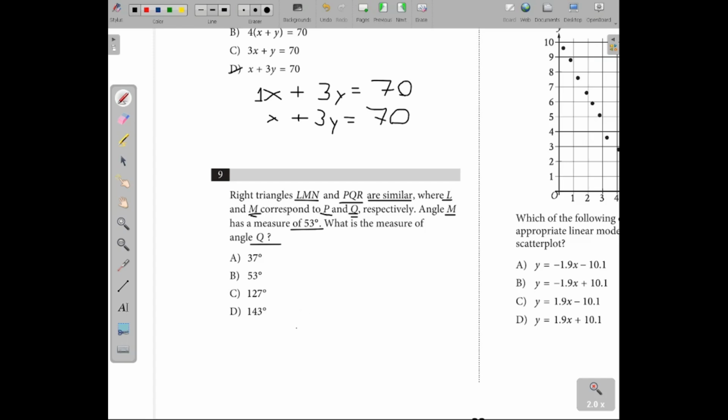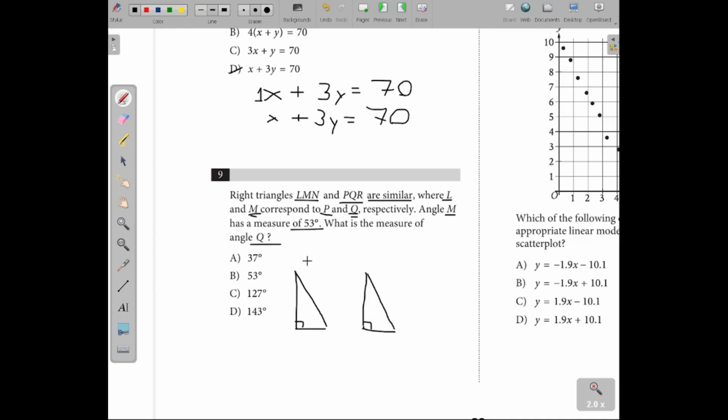So we have two right triangles. Let's draw that. This is 90 degrees because they are right triangles. I know my drawing isn't to scale, but it has to be 90 degrees.